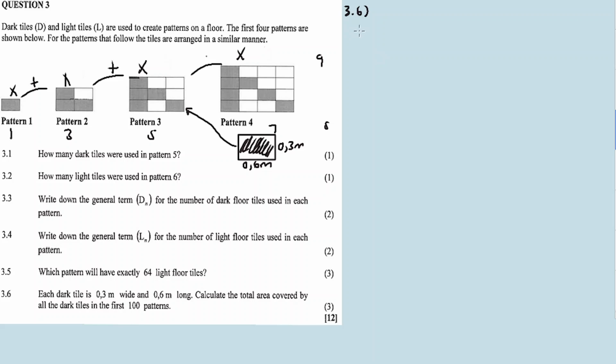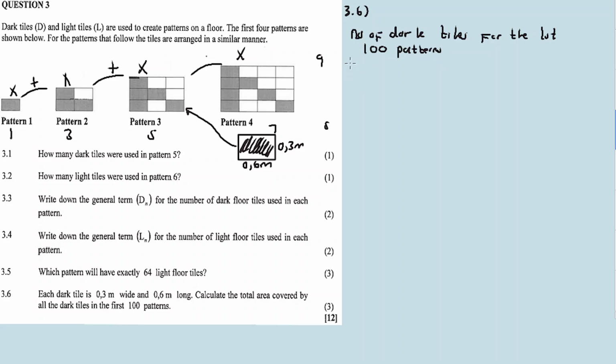So therefore, what do we do? We need the number of dark tiles for the first 100 patterns.